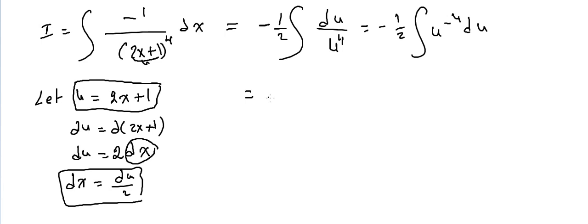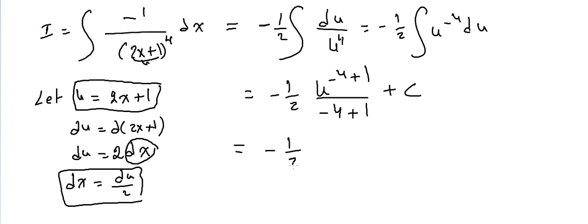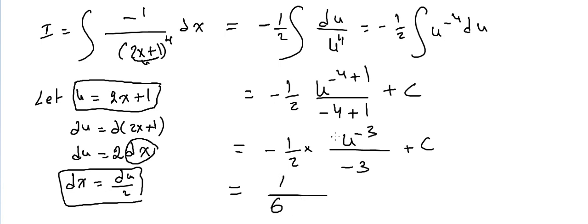So it's equal to minus half u to the power minus 4 plus 1 over minus 4 plus 1, plus constant number, which is equal to minus half multiplied with u to the power minus 3 over minus 3, plus constant. So it will be equal to minus times minus, plus 1 over 6. Why 1? Because this u power minus 3 has to be down in the denominator, and we change it from negative exponent to positive exponent.